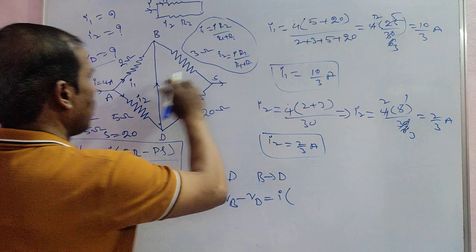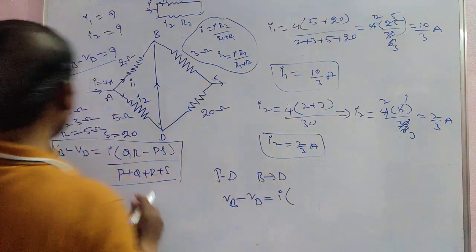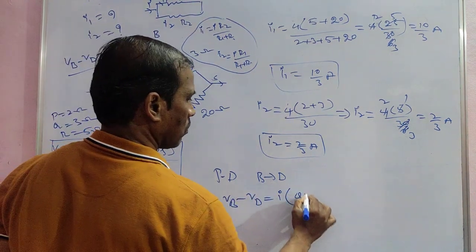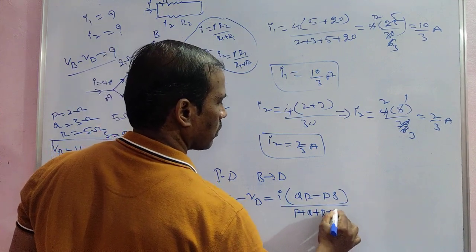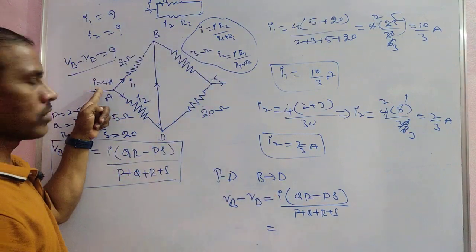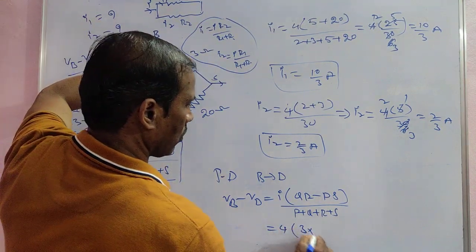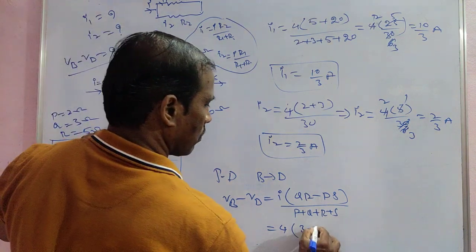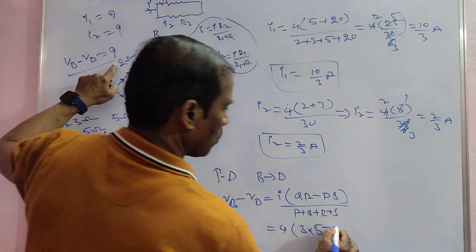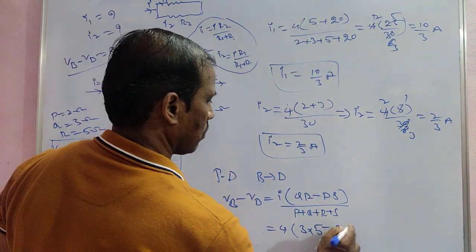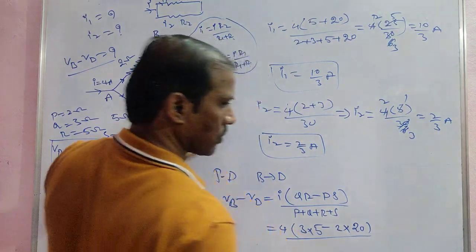Substituting values: I is 4, Q is 3 into R is 5, minus P is 2 into S is 20, by total resistance 30.